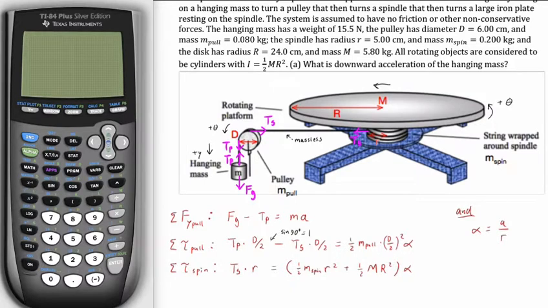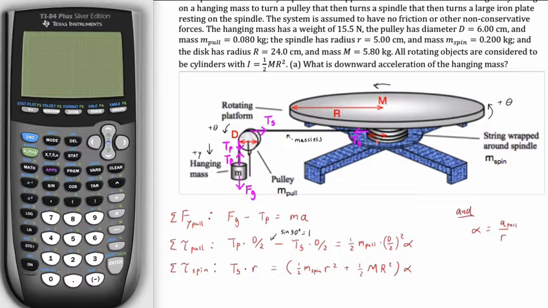It's going to be different for the spindle and the pulley. They have the same angular acceleration, but they won't have the same translational acceleration. So I'll write it as 2 separate things here. All right, so here I'll write pull, and then r, and then this one a pull.